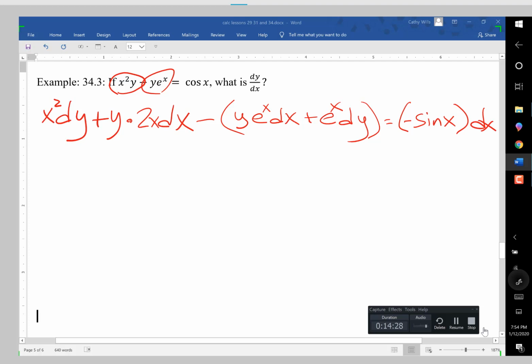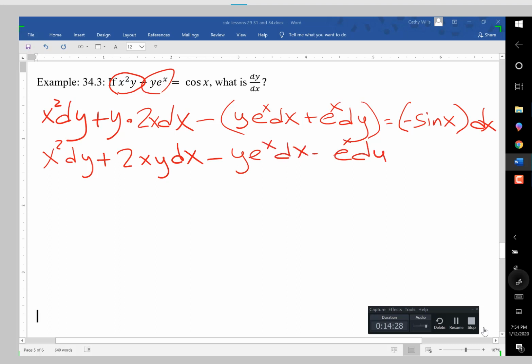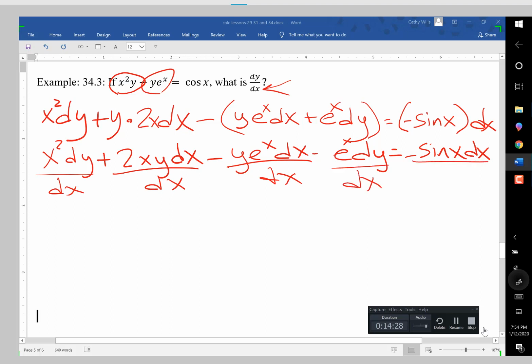Let me just go ahead and make it look a little better here. So x squared dy plus 2xy dx minus y e to the x dx minus e to the x dy equals negative sine x dx. Now we were looking to find this with respect to x, so we're going to go through and divide everything by dx. So dx, dx, dx, dx, dx.